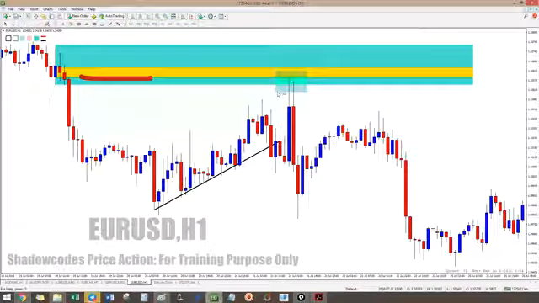So we wait for our rejection here, and then our trade will be here, on this red candle. When it opens, we just instant sell. When this bull candle closes, we already confirm that this is a rejection. If this 1 hour bullish candle is not closed, it can go up and then go down, so it does not confirm a rejection yet. But when it closes, you confirm we got a rejection. So we just instant sell.